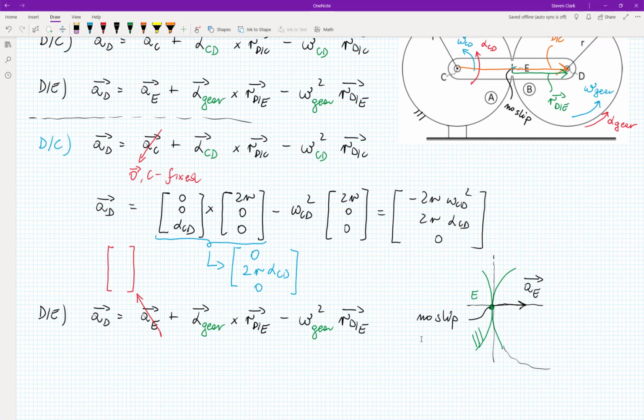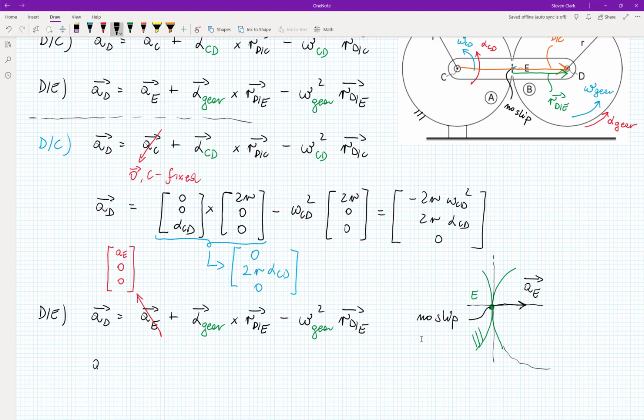So that means that our AE has the following components: AE, 0, 0, because in this configuration our AE points in a horizontal direction.